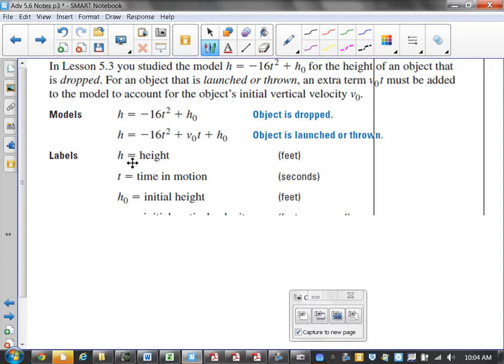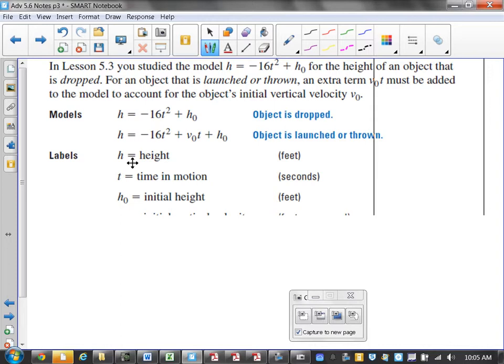What's the difference? When you drop it, it starts at the height and drops down, and when you throw it, there's a velocity, a horizontal movement. Throwing something versus dropping something. So you still have an initial velocity.